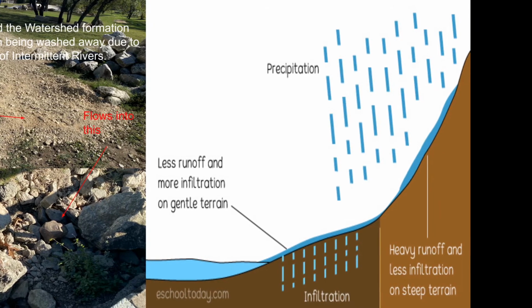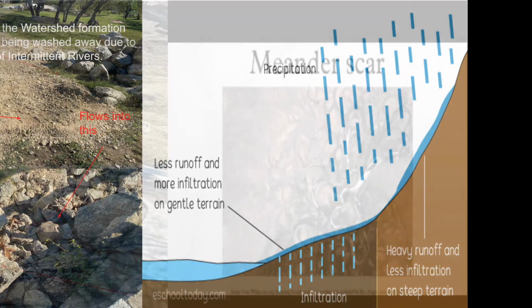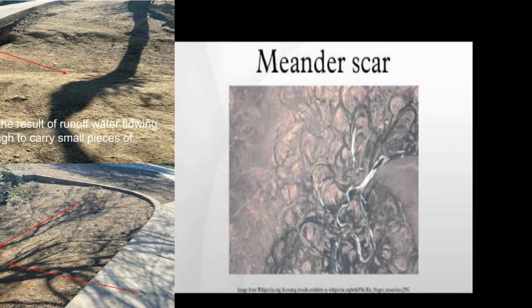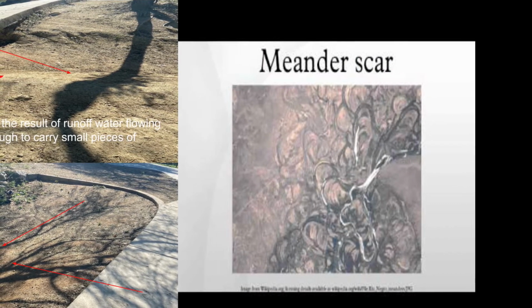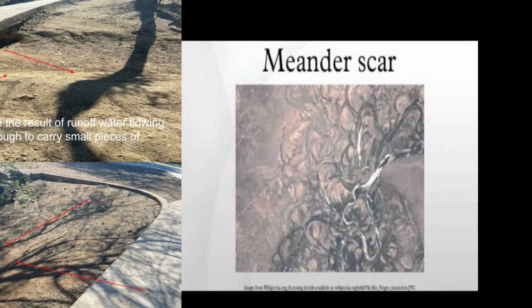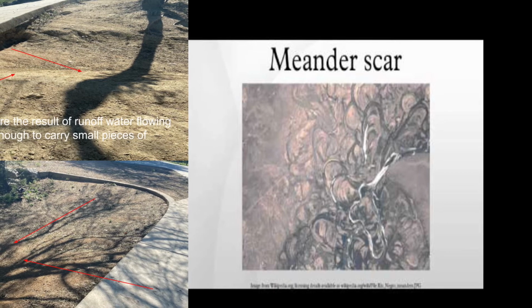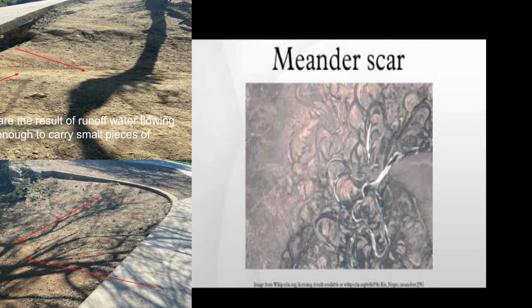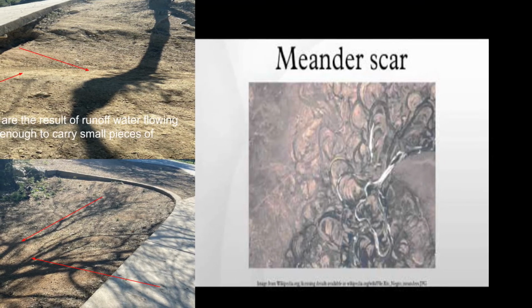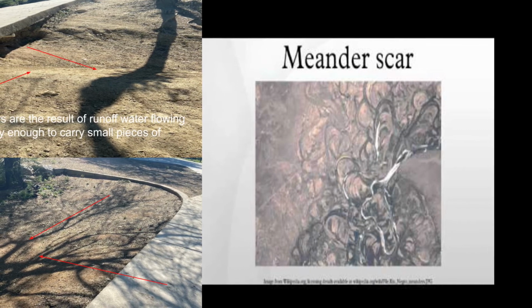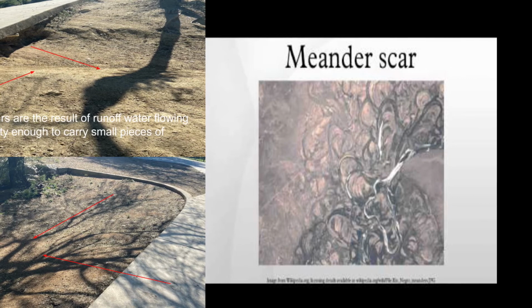Now, meander scars basically make up all of Heritage Duck Pond. No matter where you go, you see so many different scars and remnants of meander scars, which is basically the result of a temporary river flowing down and it's left its mark. As you can see from those arrows, you will see inclines and basically different elevations of land.